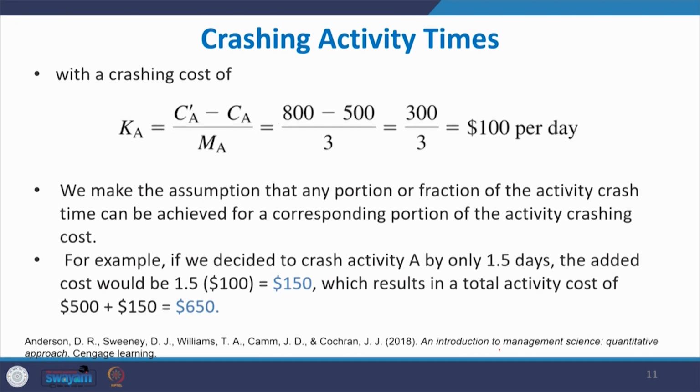For example, if we decided to crash activity A by only 1.5 days, the added cost would be 1.5 multiplied by 100, $150 only for crashing cost. Apart from this, there is $500 for normal cost. So, the total cost would be 500 plus 150 equal to $650.